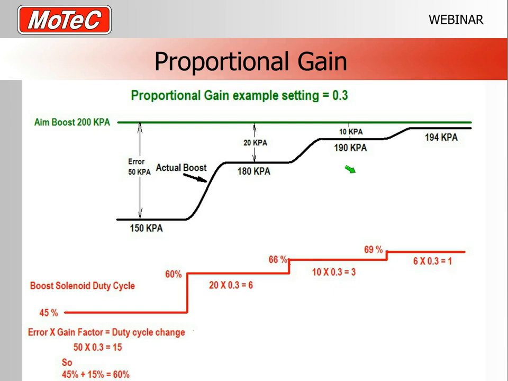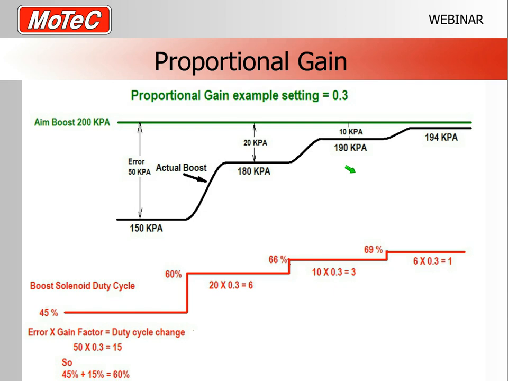Now, the duty cycle at this point will be sitting, if we take a moment in time, at our normal position number. If our normal position was 45, then the computer would start with a 45% duty cycle. Then it would look at what the error is. The error between where the boost is now and where it wants to be is 50.